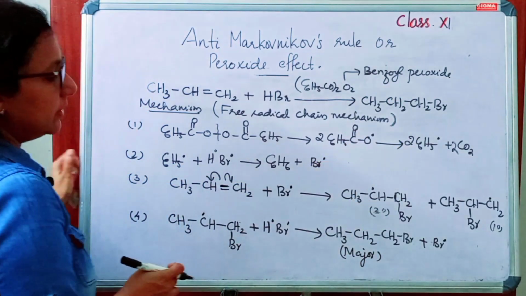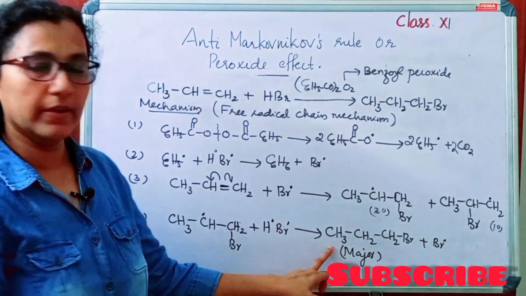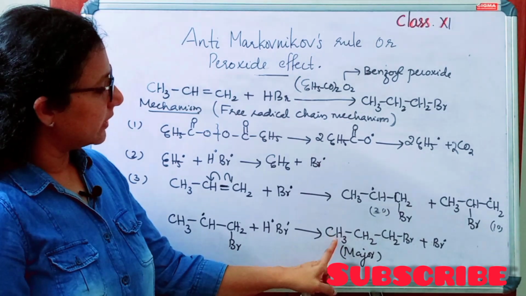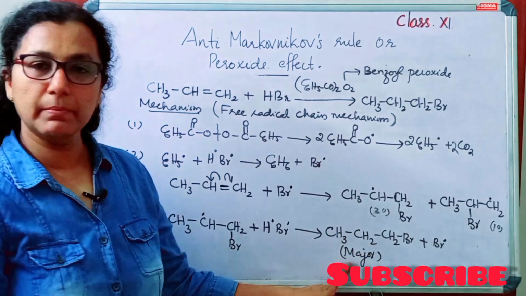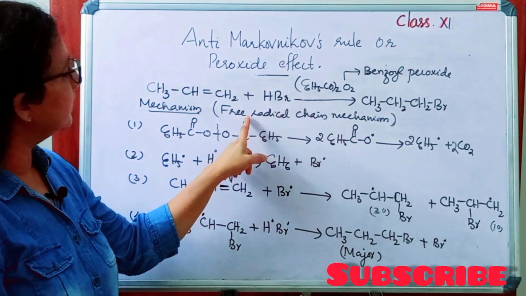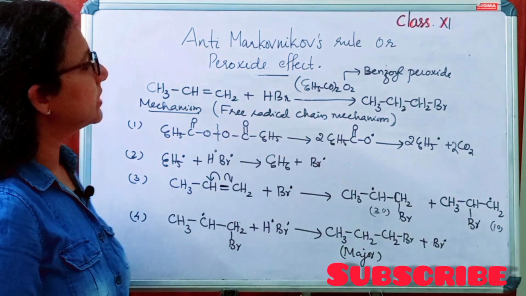And the product formation justifies this mechanism. So this will be the product, and 1-bromopropane is the major product in this case. So in presence of a peroxide, this type of mechanism takes place, that is called a free radical chain mechanism.